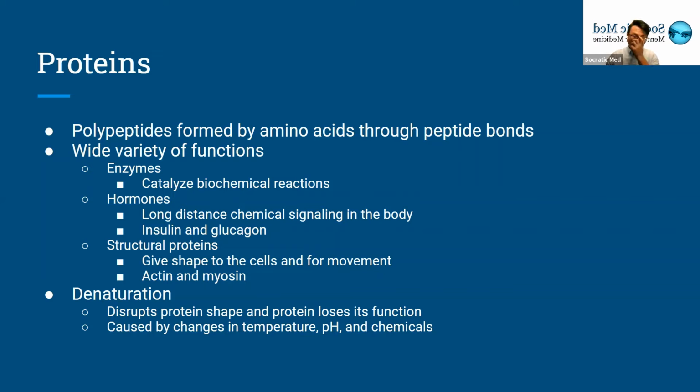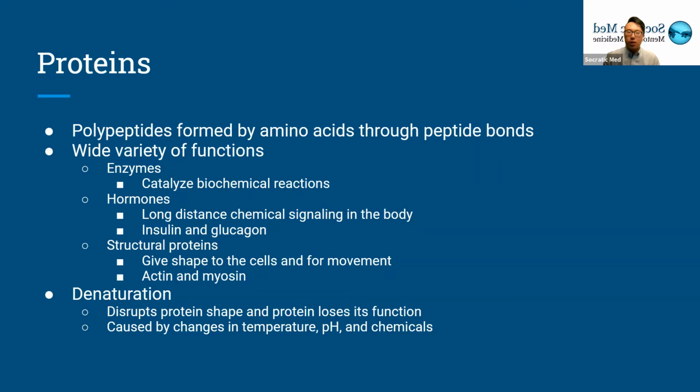But denaturation causes the protein to lose its 3D shape. It won't change the amino acid sequence. So the primary structure, which I'll go over in a bit, doesn't lose the amino acid sequence created by the ribosomes.